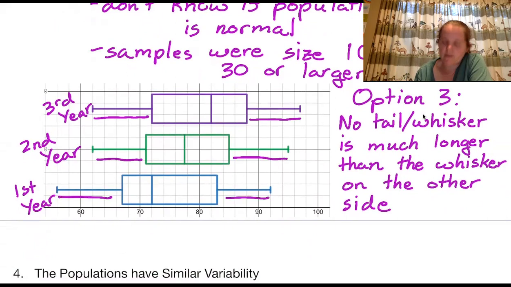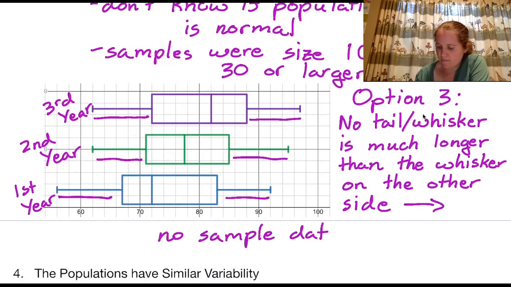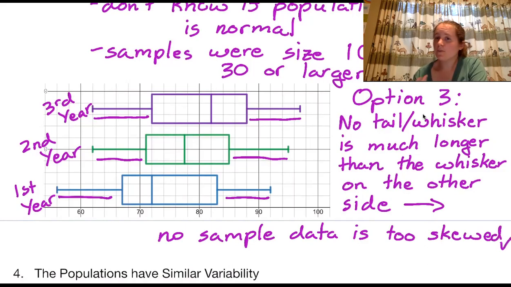Whisker and whisker, fairly similar in length. We don't have one side just ridiculously long. And so with that, none of the sample data are particularly skewed. So no sample data is too skewed. So in our example, we do meet the basic requirements.